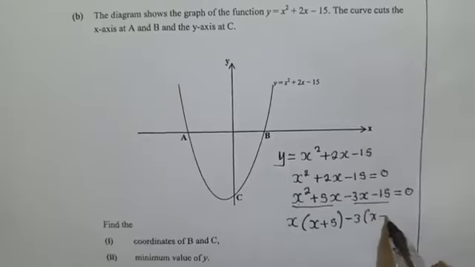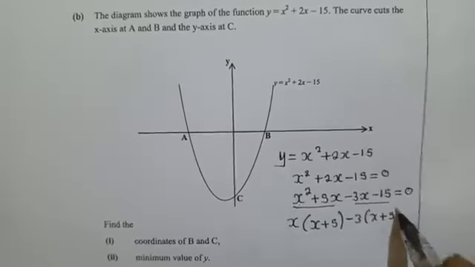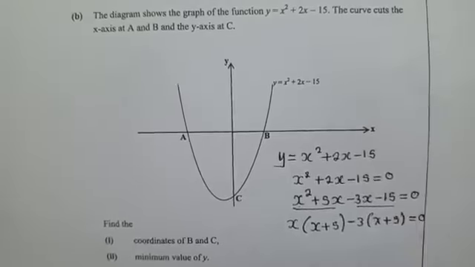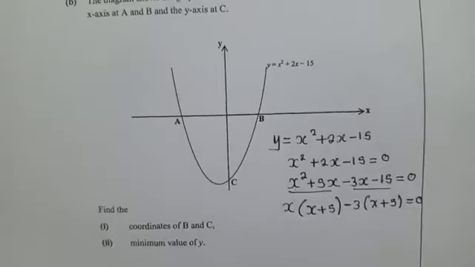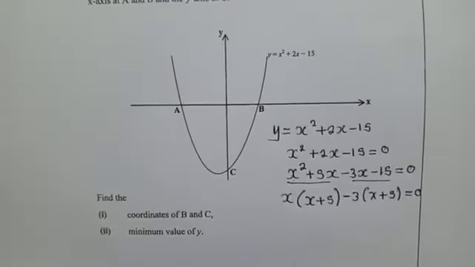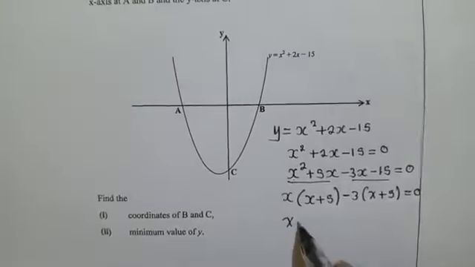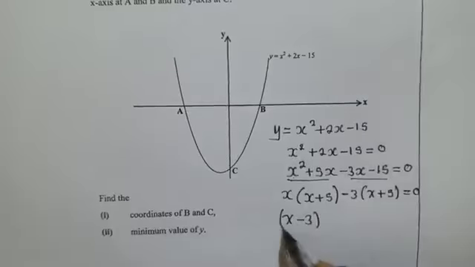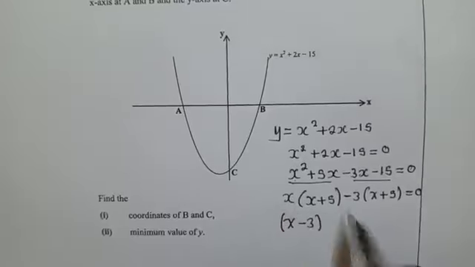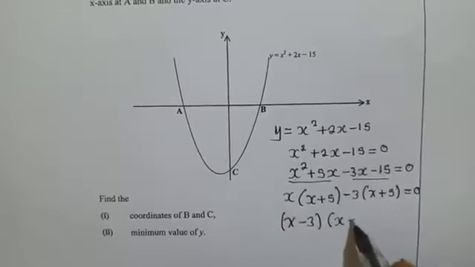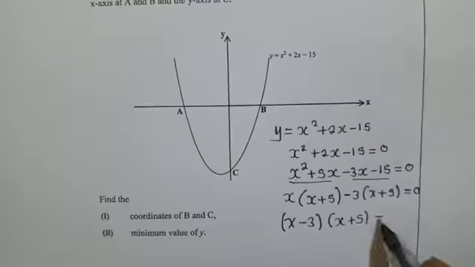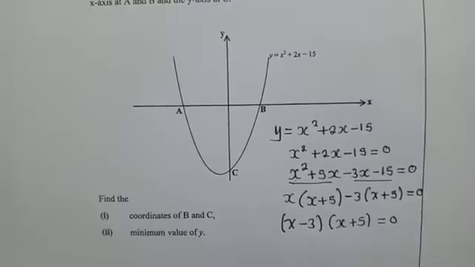So I shall remain with (x + 5), which is equal to 0. So from this stage, I can now say (x - 3)(x + 5) = 0.